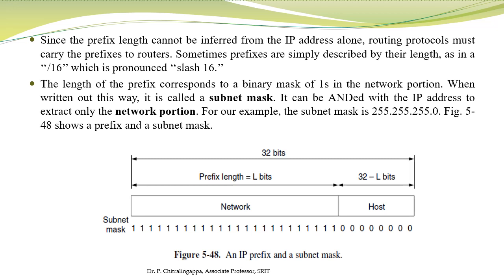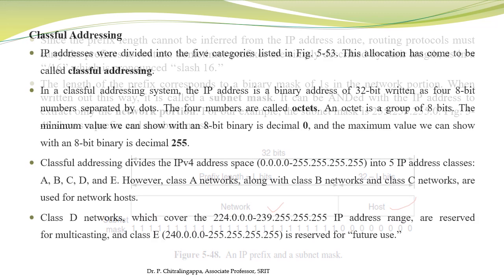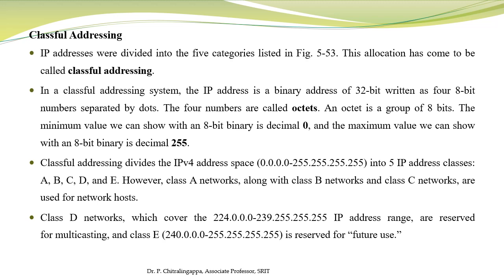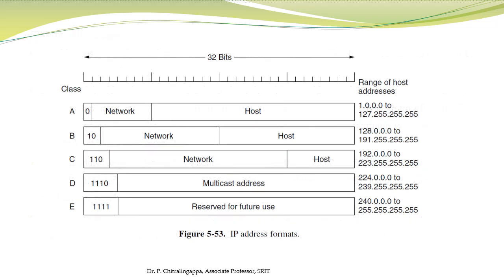This is called the IP address format. There are 32 bits. The first portion we can call the network portion, and then the host portion, based on the classes. There are 5 classes: class A, class B, class C, class D. Class A begins with 1 to 127, class B 128 to 191, and so on. The IP addresses vary between classes. In class A, the network address is 8 bits and the host address is the remaining 24 bits.